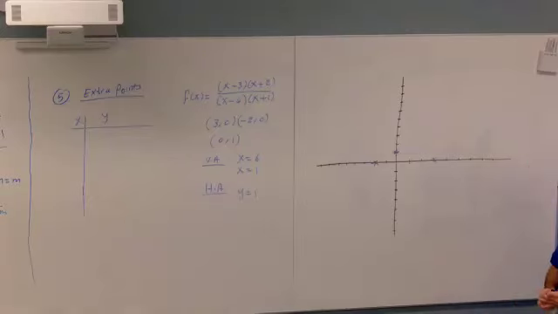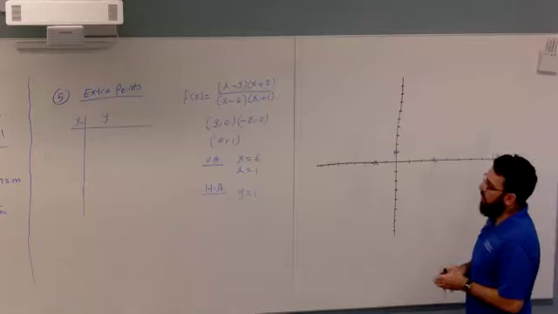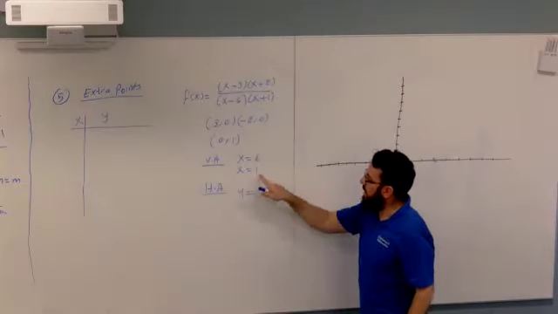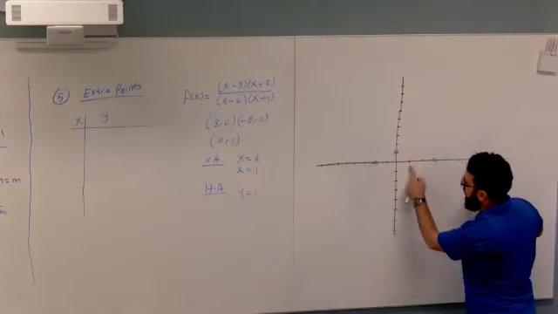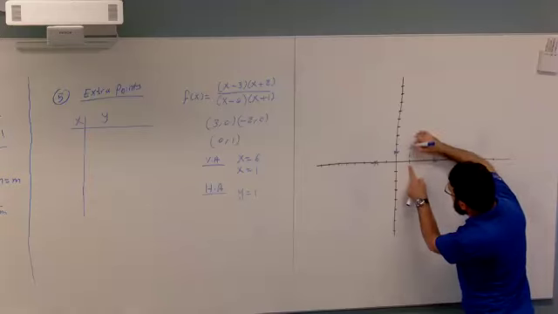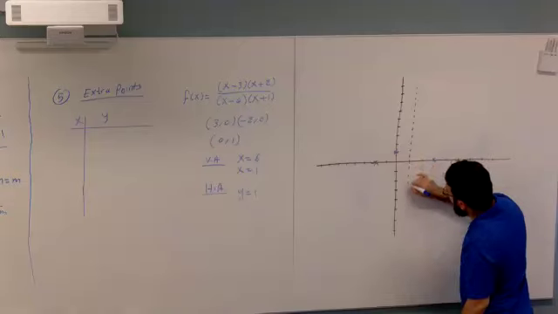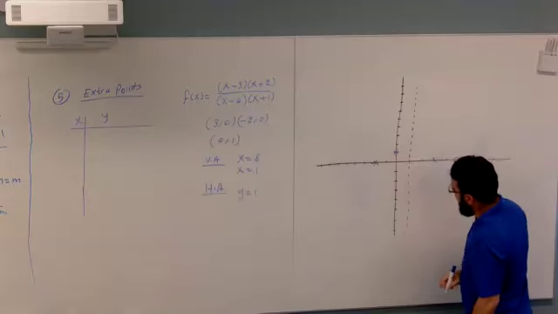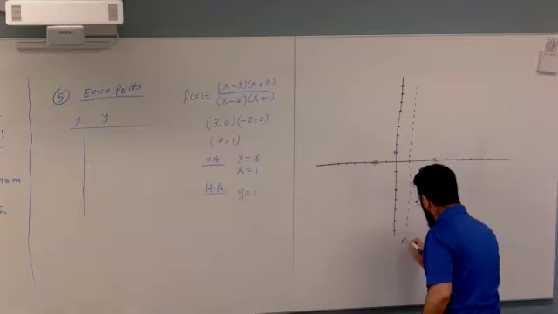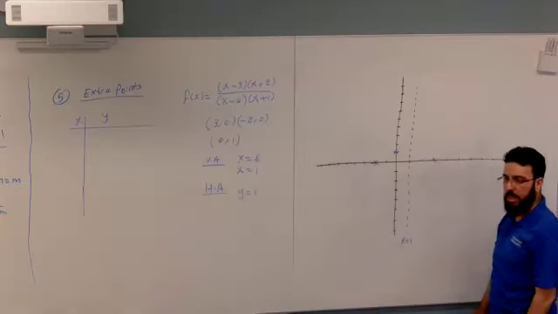What else I have to put? Vertical asymptote. We have x equal 1. So here's x equal 1. It's a vertical asymptote. So here is the vertical at x equal 1. Okay.